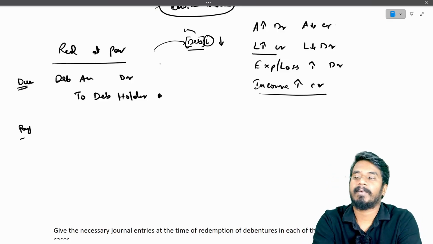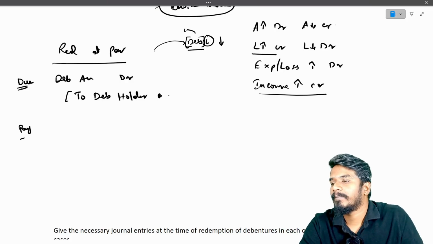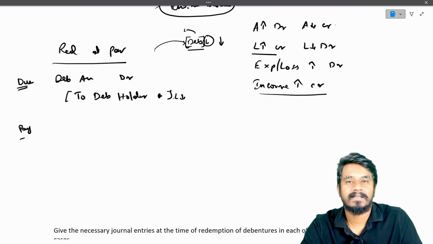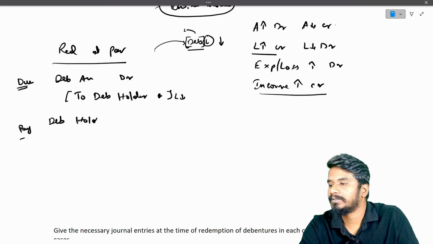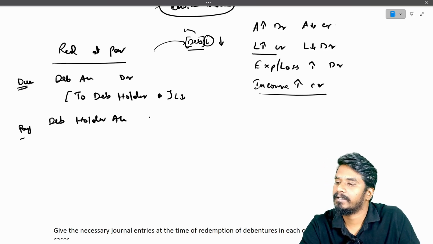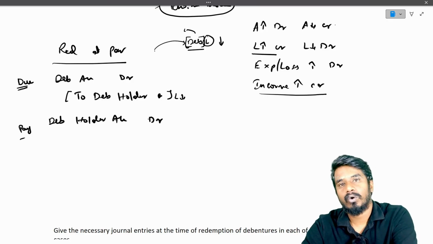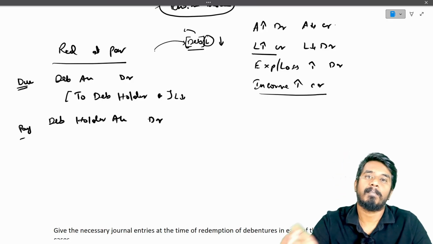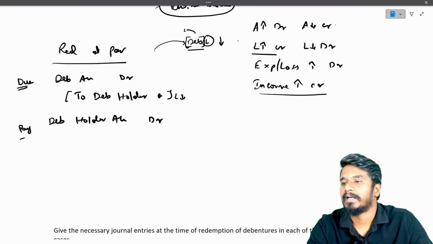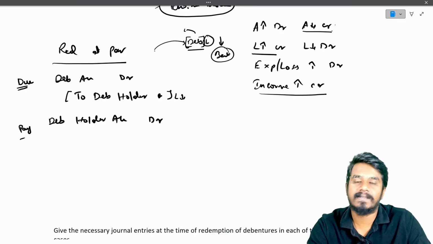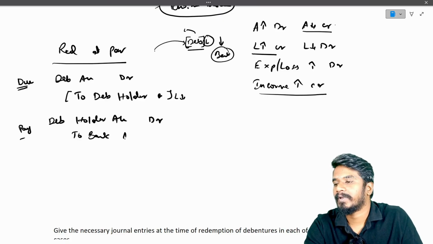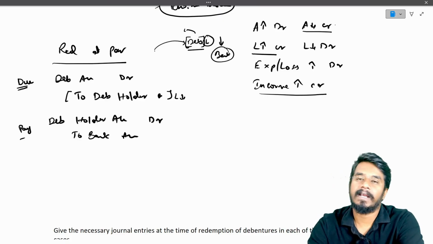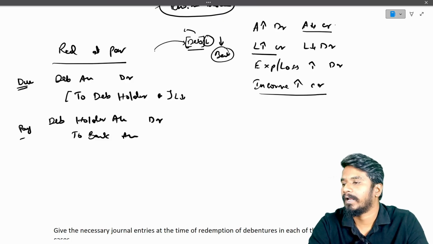Now at the time of payment, this liability will decrease, so we will debit it. The debenture holder account will get debited. Through what will we pay? Through the bank account. The bank account is an asset for us, and if an asset decreases, we need to credit the bank account. So this is the entry for redemption at par.